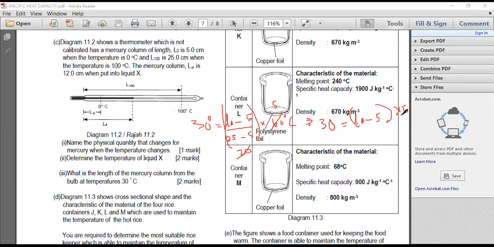This 5 you can bring down, cross multiply, so it becomes 30 over 5, which is 6. So 6 equals L theta minus 5. So you can find your L theta, which will be 11 cm.